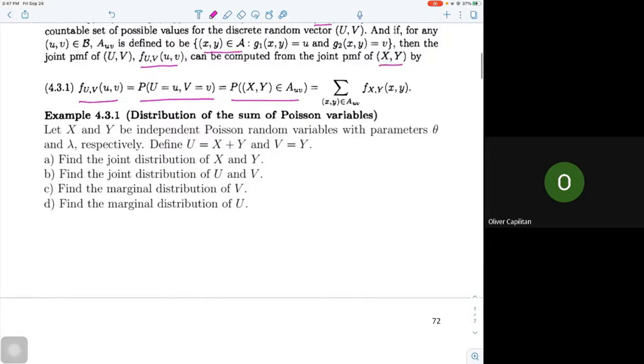First question: find the joint distribution of X and Y. I think this is very easy because we have two independent Poisson random variables.